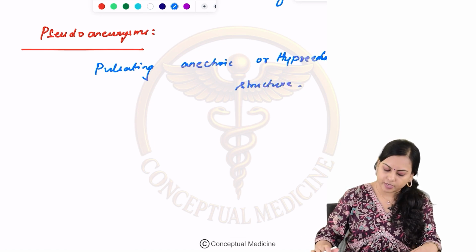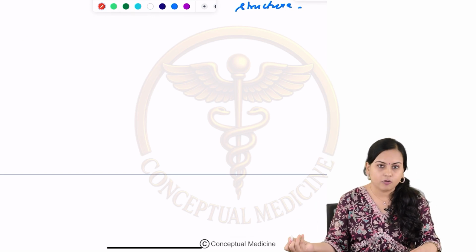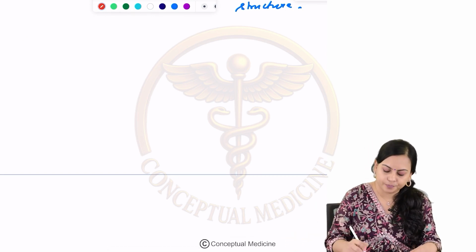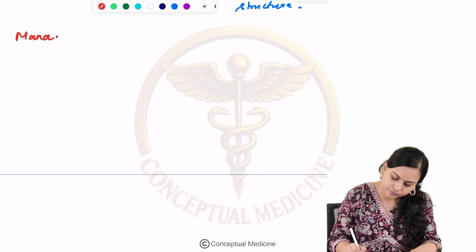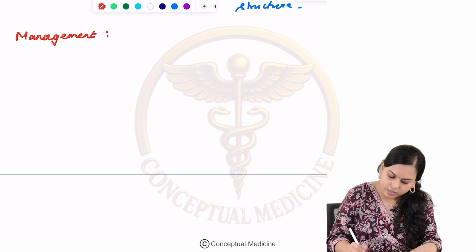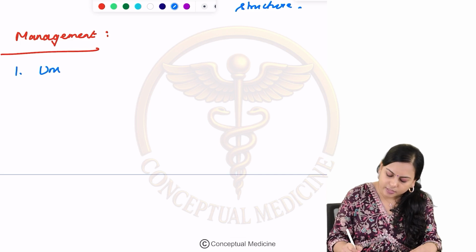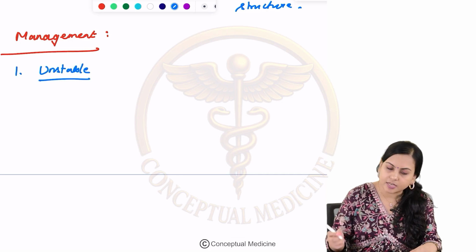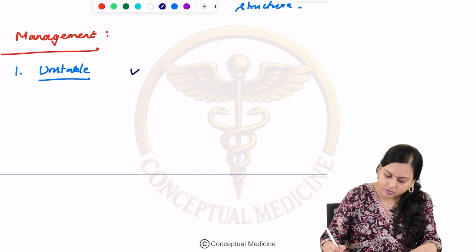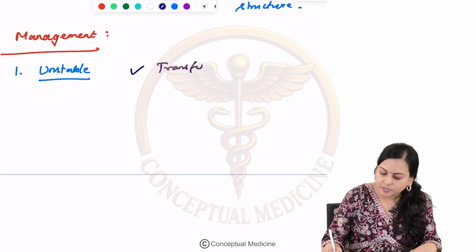Clear? Right. Now, let us see how we will be managing the secondary PPH. So, management generally depends upon the status of the patient. Suppose if it is an unstable condition, then you have to transfer immediately to your tertiary care center.